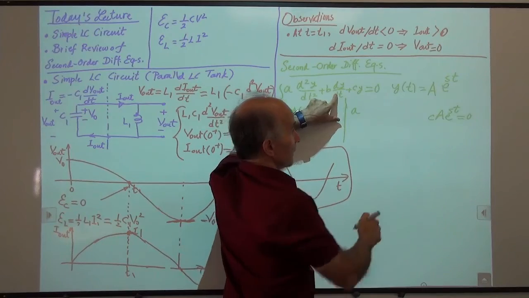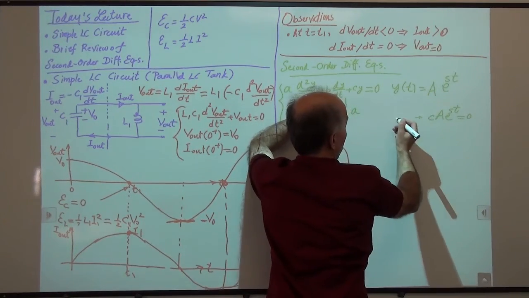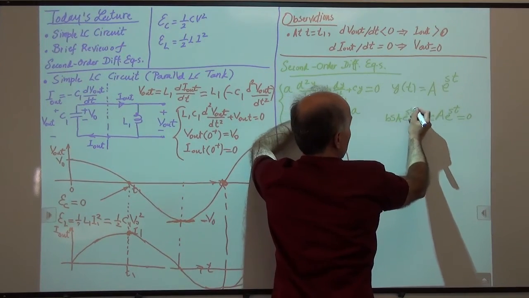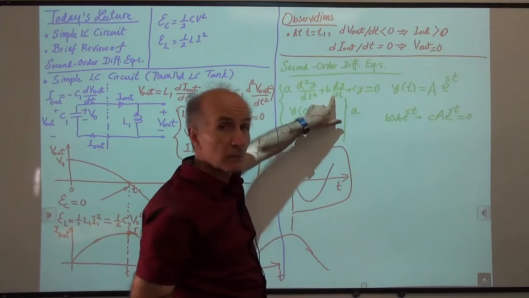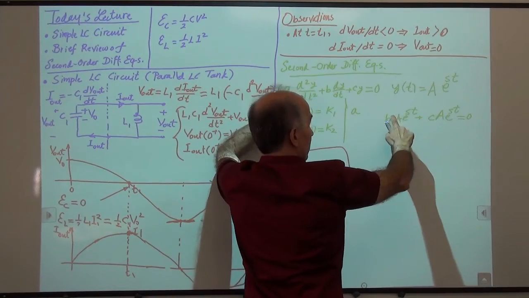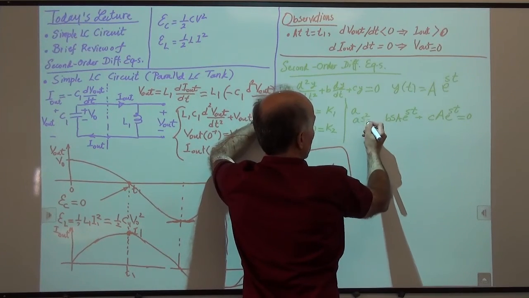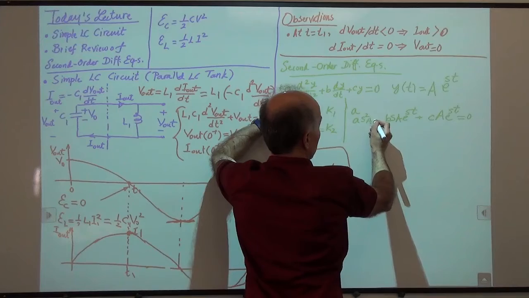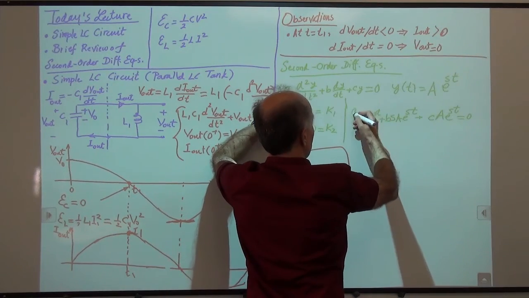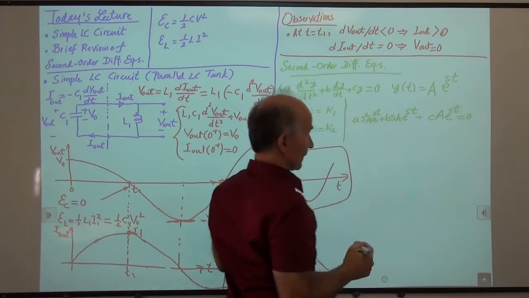Then the first derivative is s a e to the st. So that's b s a e to the st. Right? And then the second derivative is the derivative of this guy. So that's s squared times a. So I have a s squared a e to the st plus this, and that is the overall result that we get.